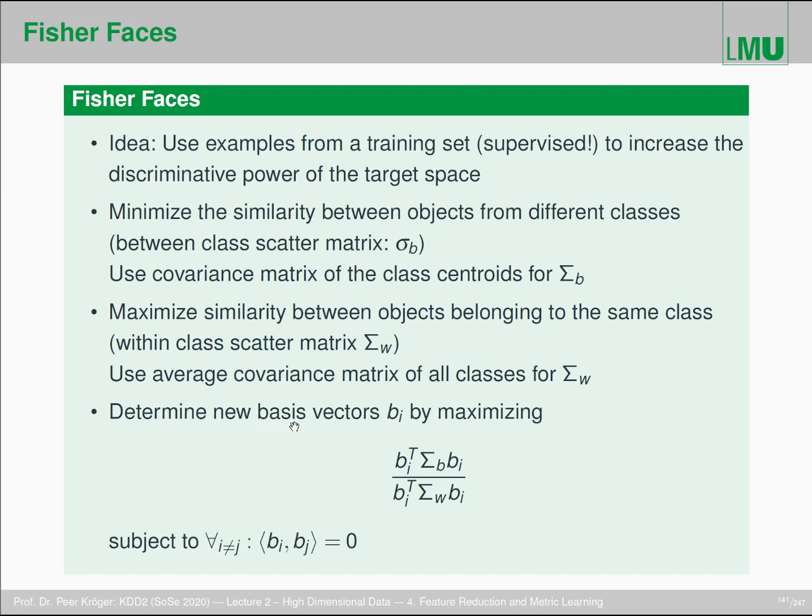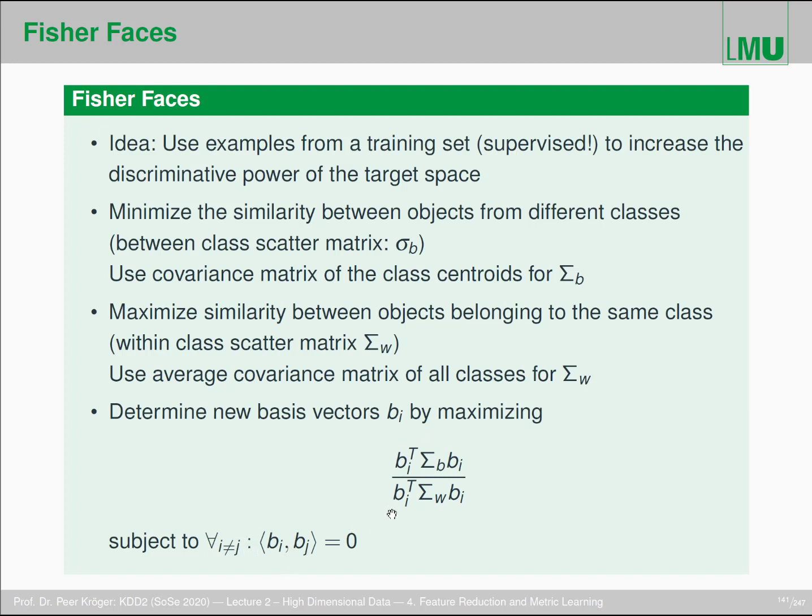So you determine new basis vectors bi, and you want to maximize this relationship here, because we said we want to have a large impact of those directions that emphasize the different classes, and we want to have a low spread along those directions as long as we are within the classes. So this should be large, this should be small. So overall, you want to maximize this term, and of course, again, by a side constraint.